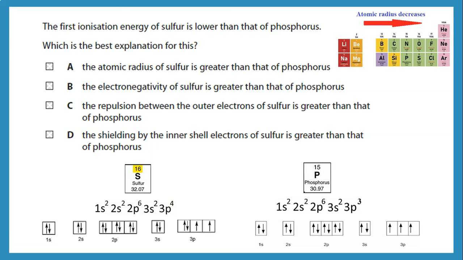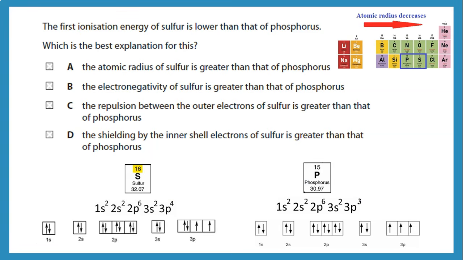The atomic radius decreases, because we have the same number of shells, with an increasing number of positive protons attracting the same number of shells. So as we go from left to right, the atom becomes smaller. So when he says the atomic radius of sulfur is greater, no, actually, it is not greater. Sulfur would have a smaller atomic radius. So A is wrong.